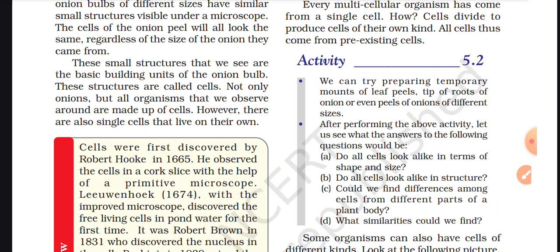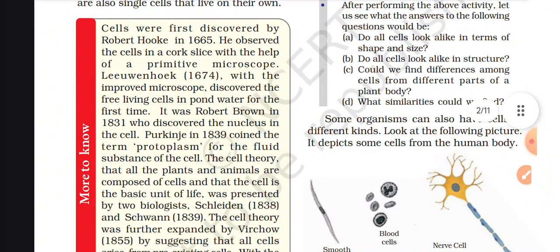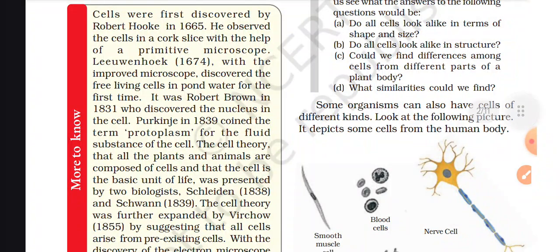However, there are also single cells that live on their own. Cells were first discovered by Robert Hooke in 1665. He observed the cells in a cork slice with the help of a primitive microscope. Leeuwenhoek, with an improved microscope, discovered the free living cells in pond water for the first time.